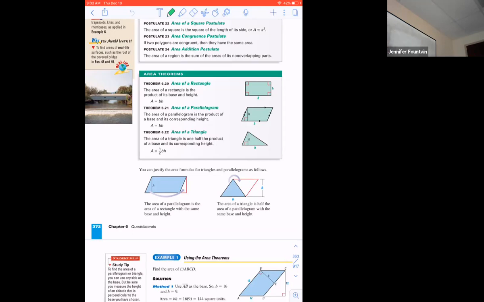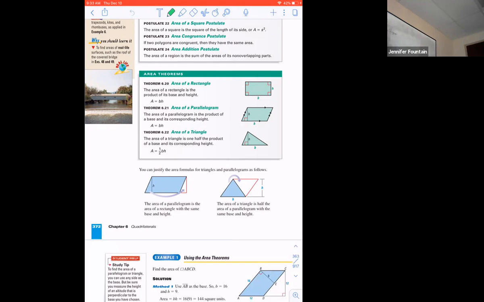What about my parallelogram? All of this is on page 372. Area equals base times height. So a parallelogram and a rectangle have the same formula.